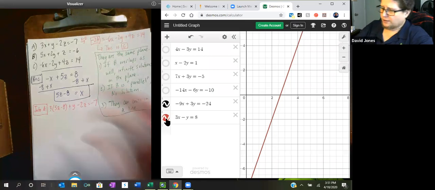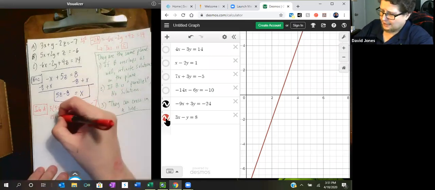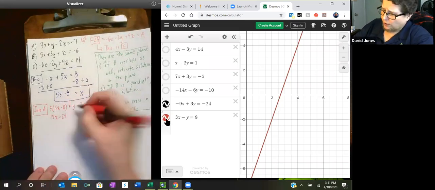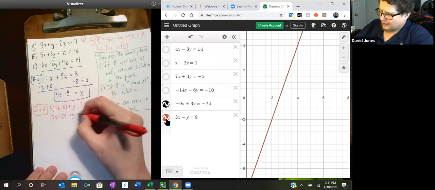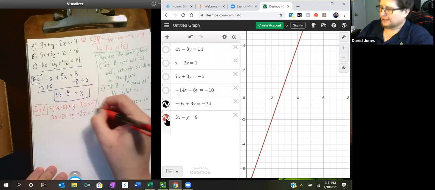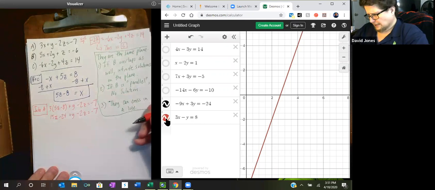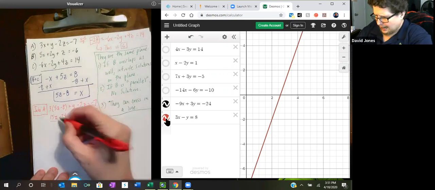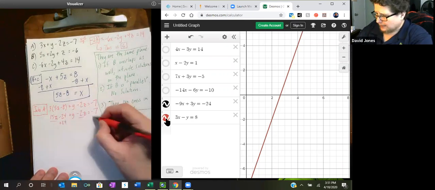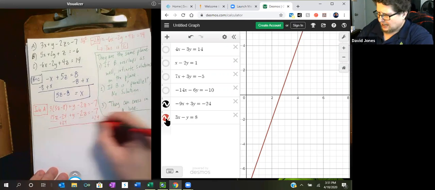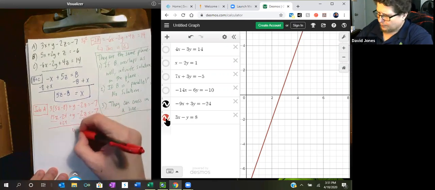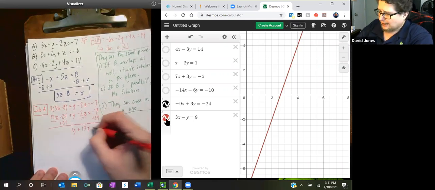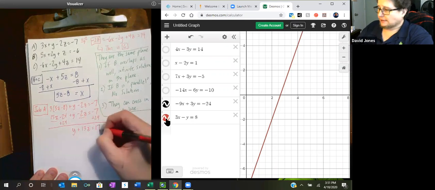If I distribute, I've got 15z minus 24 plus y minus 2z equals negative 7. I can combine z's and add 24 to the other side. And if I do, I get y plus 13z equals 17.